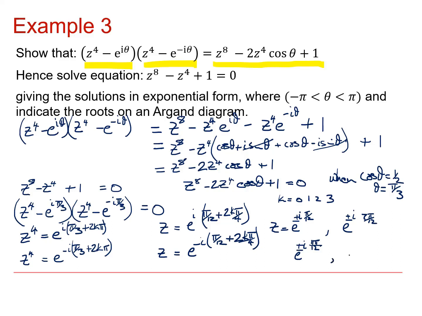And finally we're going to get e to the i 5 pi by 12, and again plus or minus, and that one's been brought into range as well.